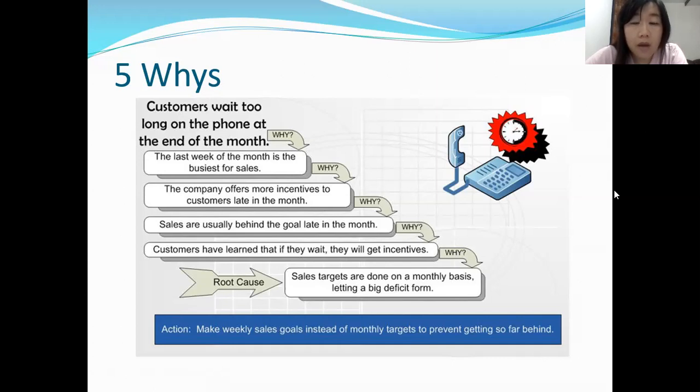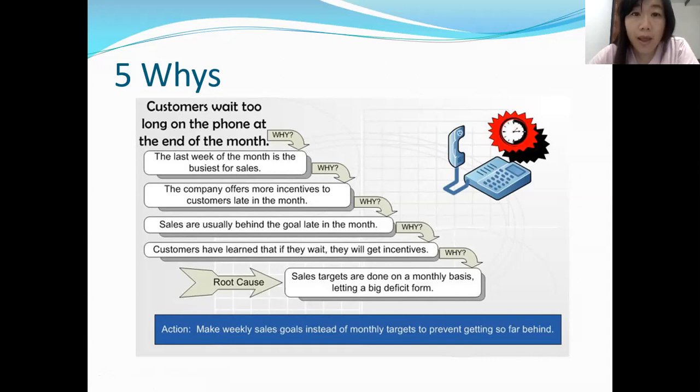Why? Because sales always didn't reach the target at the end of the month. Why? Because customers have learned that if they wait until the end of the month to place an order, they will get an incentive. Why? Because they can identify that sales targets are done on a monthly basis.